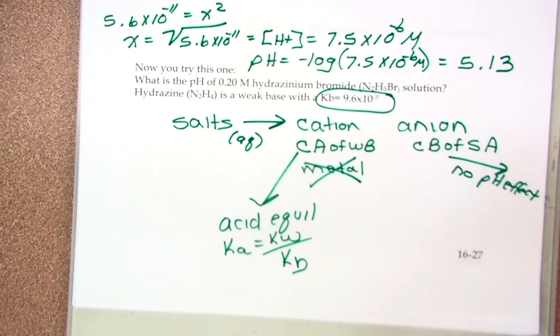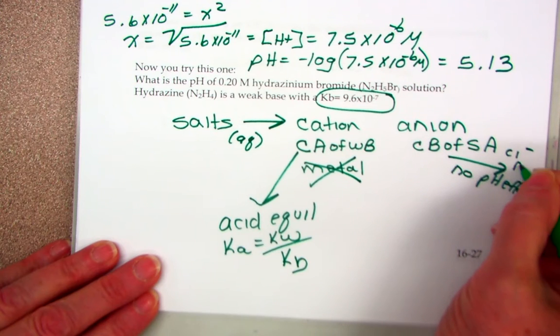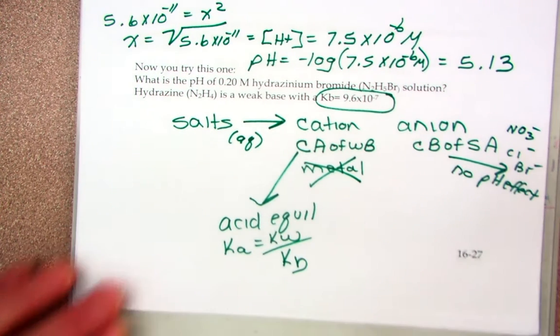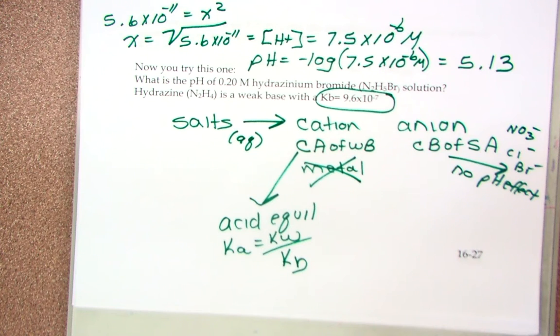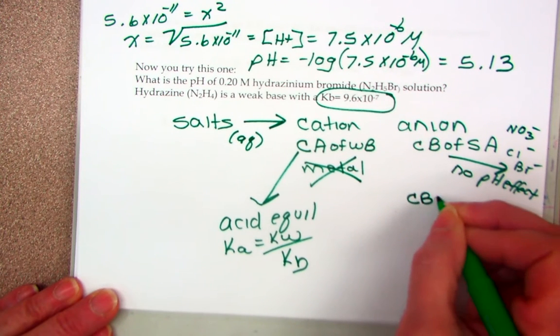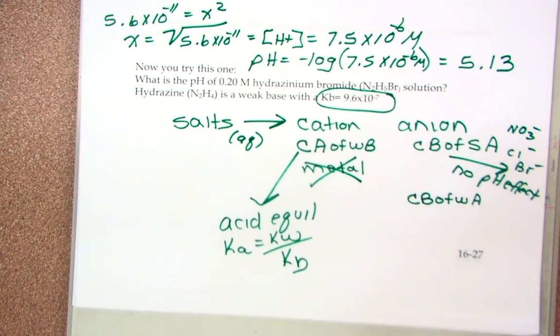So they just sit there. That's things like the chloride ion or the bromide ion or the nitrate ion. They'll just sit there and do nothing. Or the anion can be the conjugate base of a weak acid. And that's what we're going to look at in the next problem.